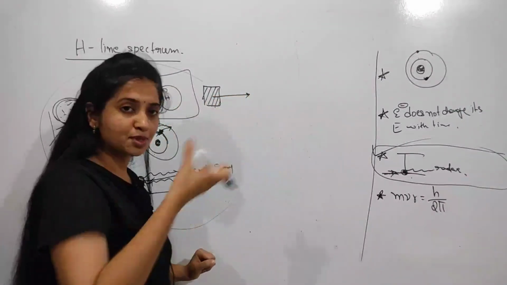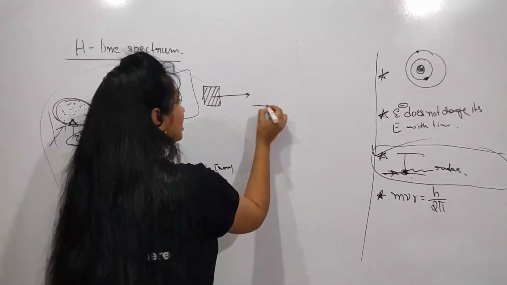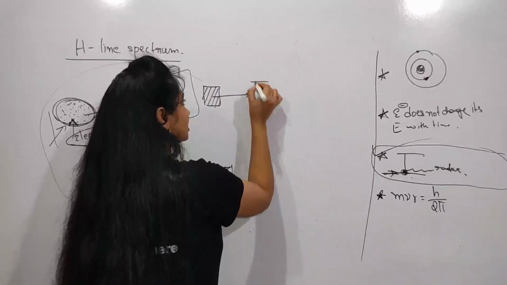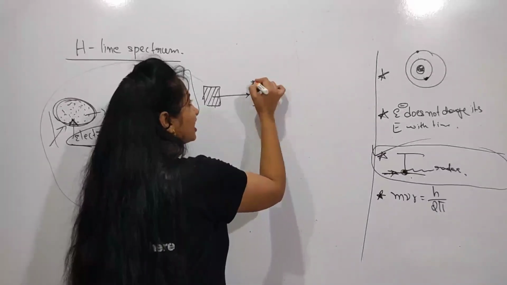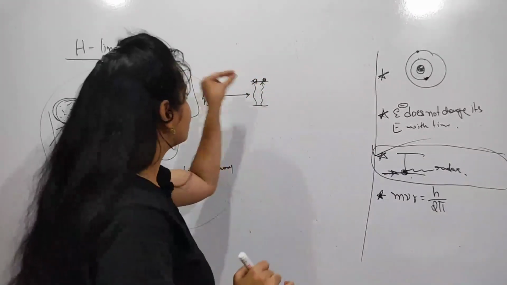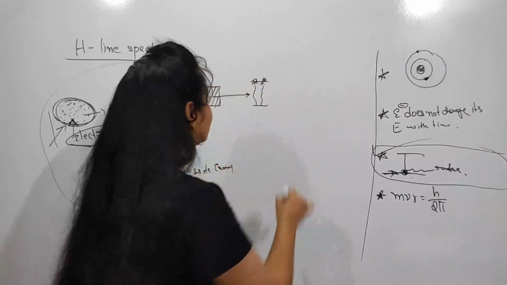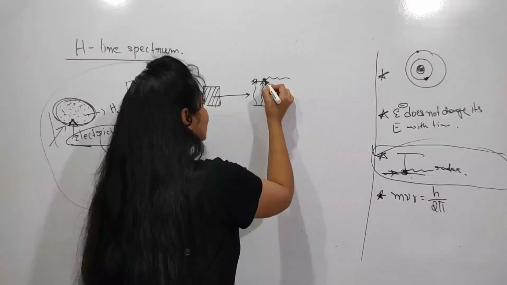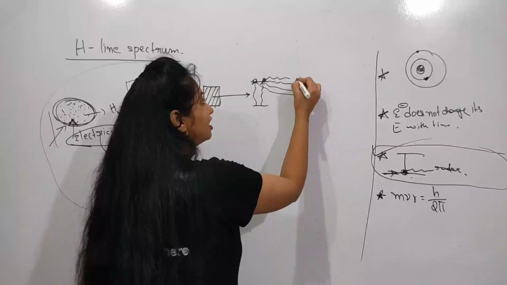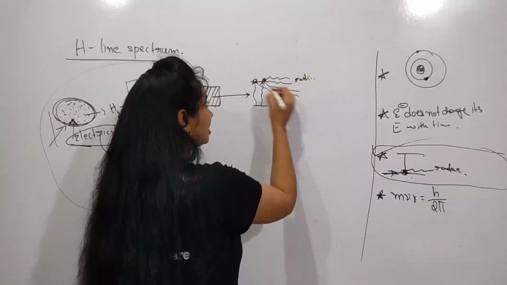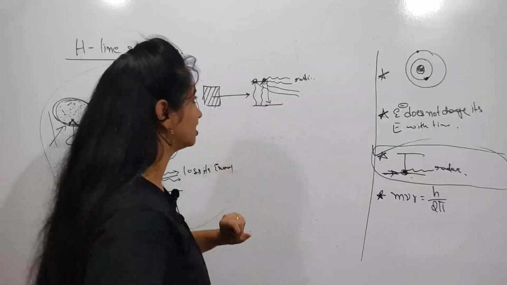The atoms absorb the radiation and go from lower energy states to higher energy states. They become unstable at the higher energy level, then lose the energy in the form of radiation and come back to their original position.